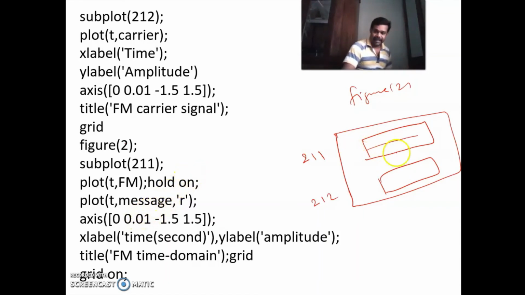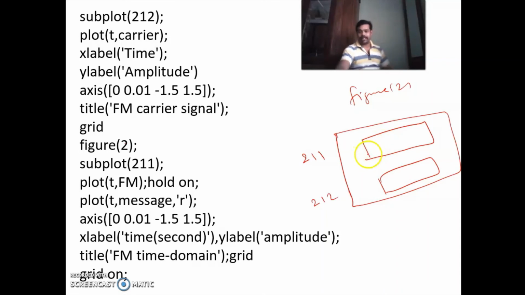Hold on means in the same plot you are going to plot another thing, that is plot t comma message comma r. This r means in red color it will plot the message also over this modulated signal.